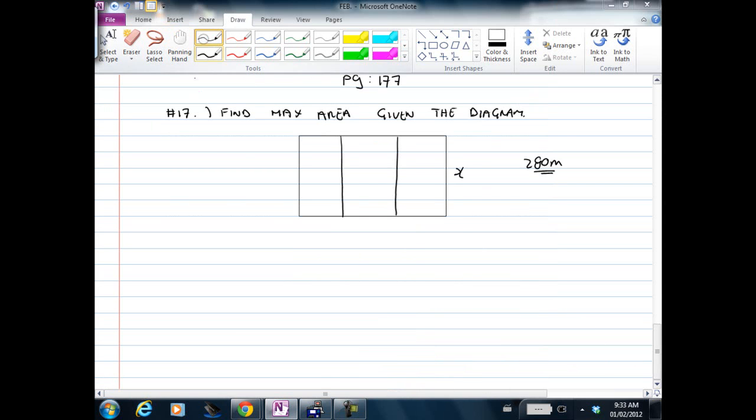If you need a hint to solve this, we know this is x, this is x, this is x, and this is x. Now, a lot of you are confused because you say, Mr. No, what the heck is this? To figure this out, we go 280 minus 4x. That gives you how much fencing remains.